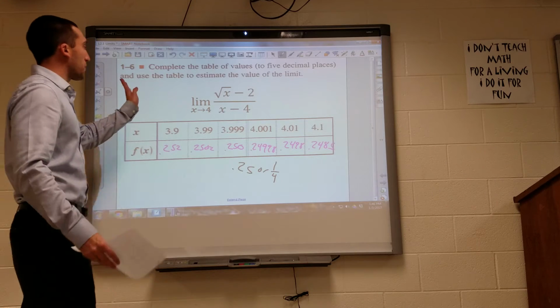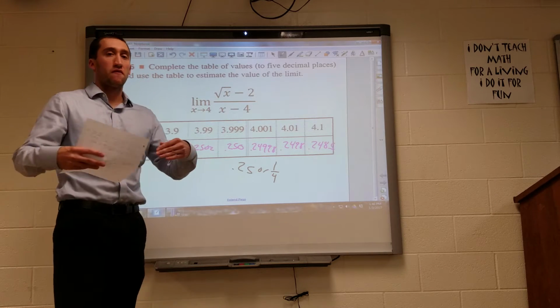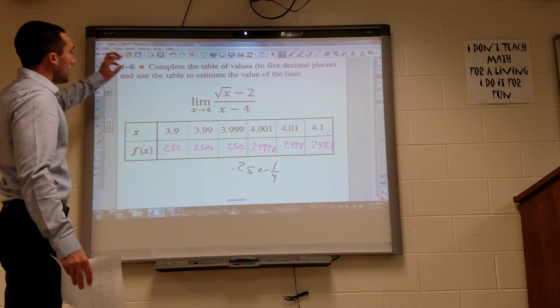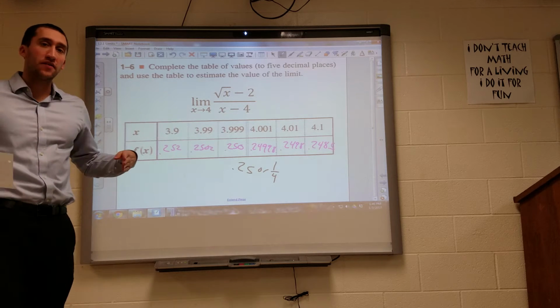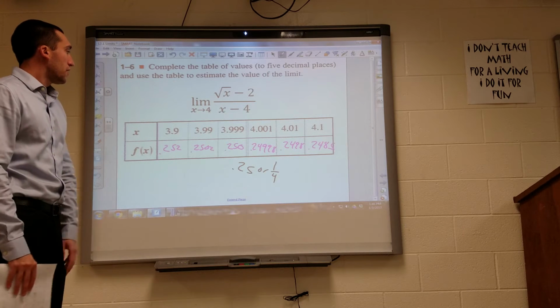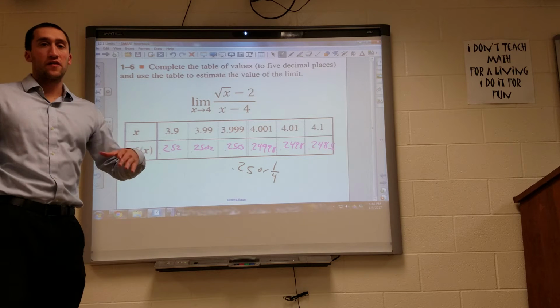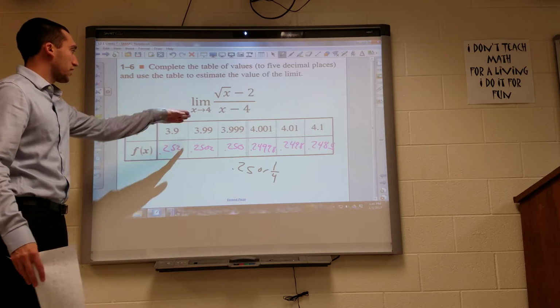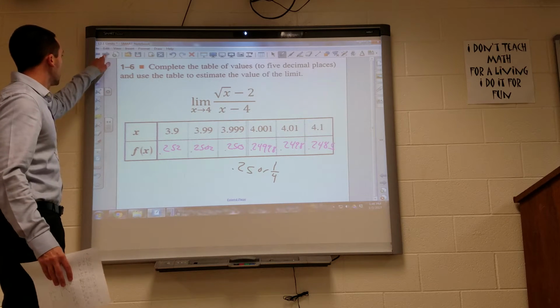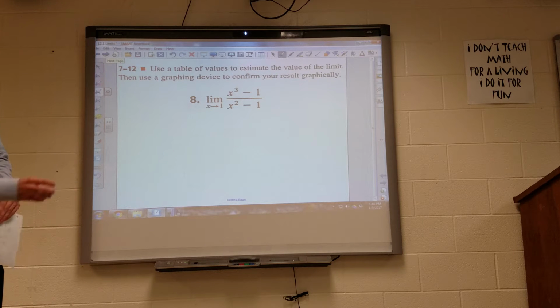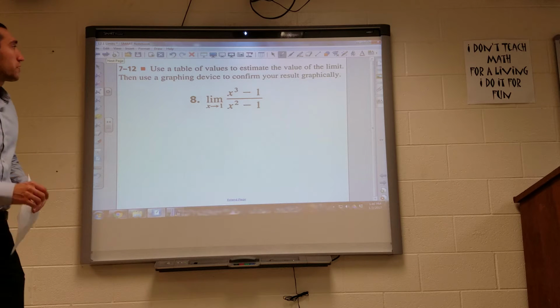Okay, so that's what they mean by the limit as x approaches 4. A little bit tedious now to get that approximate value, but eventually we'll learn different techniques to get us to that limit.